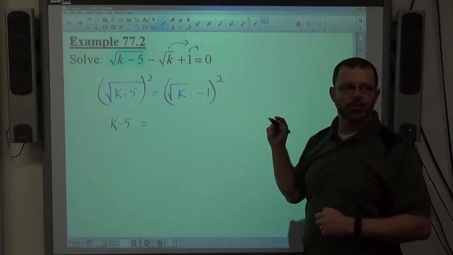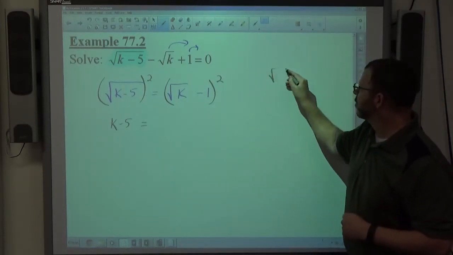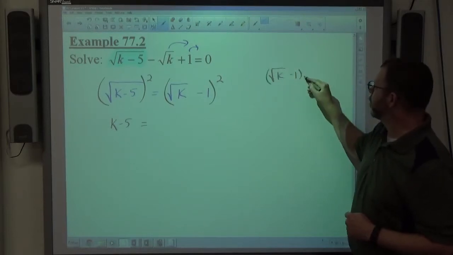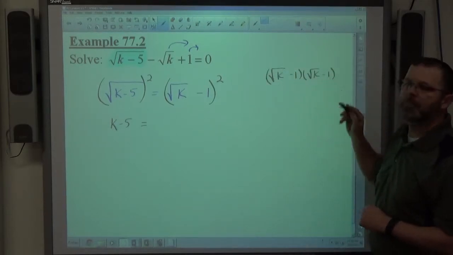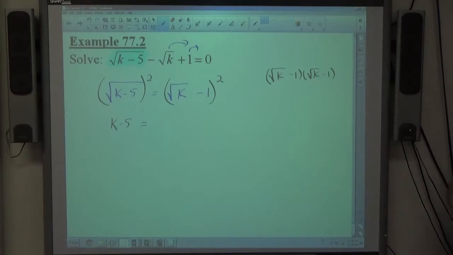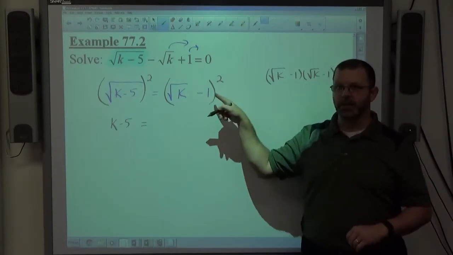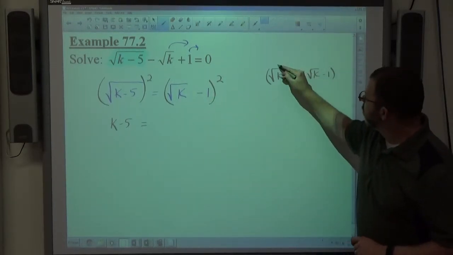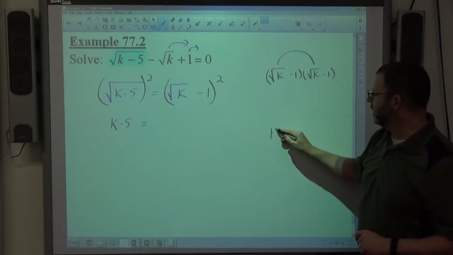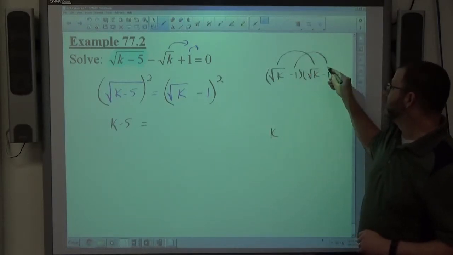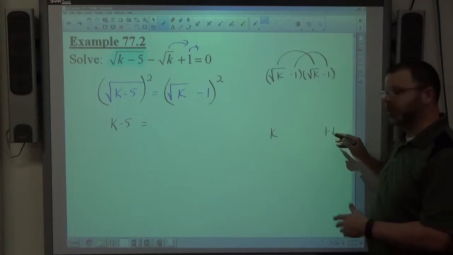What I have is a binomial squared. It's the square root of k minus 1 being multiplied by the square root of k minus 1. It's not just going to be k plus 1, so keep that in mind. Square root of k times the square root of k makes k. Negative 1 times negative 1 makes plus 1, the two things everybody would expect.